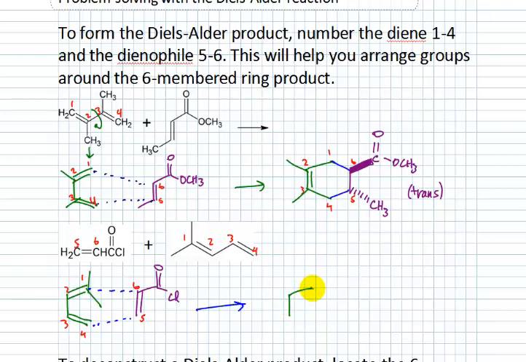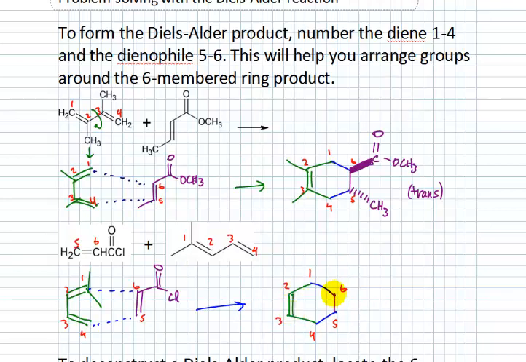Draw a six-membered ring as a product. 2 new bonds formed. This bond was originally in the dienophile, so numbering 1, 2, 3, 4, 5, 6. New double bond between 2 and 3, right in the middle.